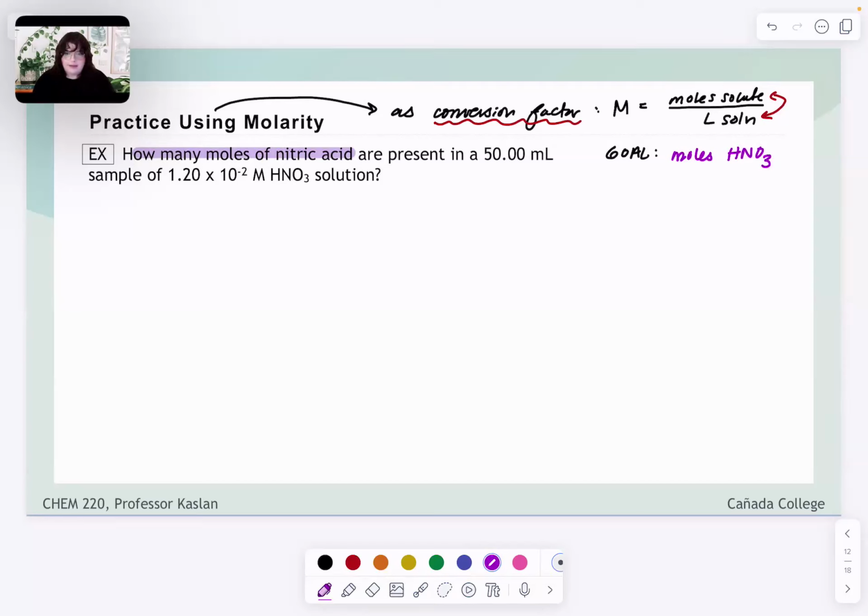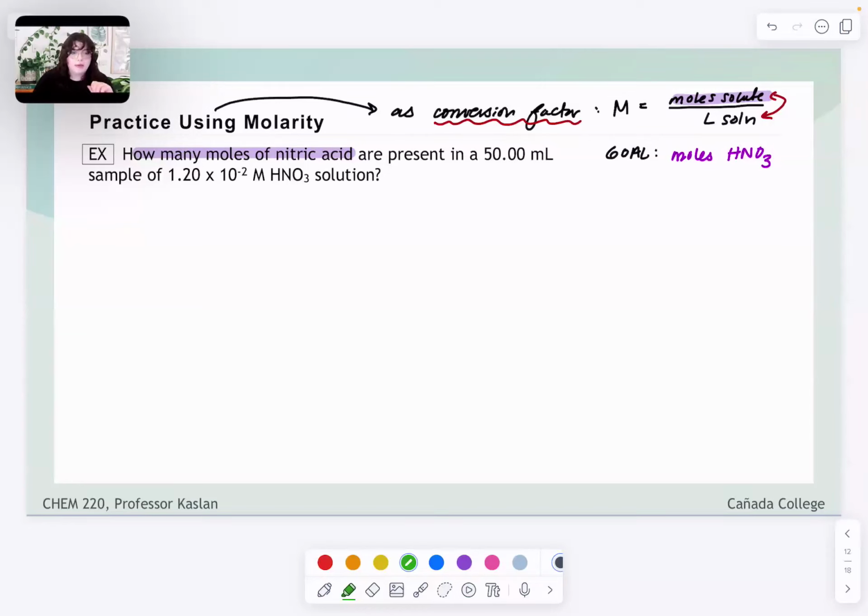And if I look at my molarity, where I see moles pop up is here in the numerator, moles of solute. So that's what I want to find. So I'm trying to find my moles, I had better know my molarity of my solution, my concentration of solution, and the total volume of solution.